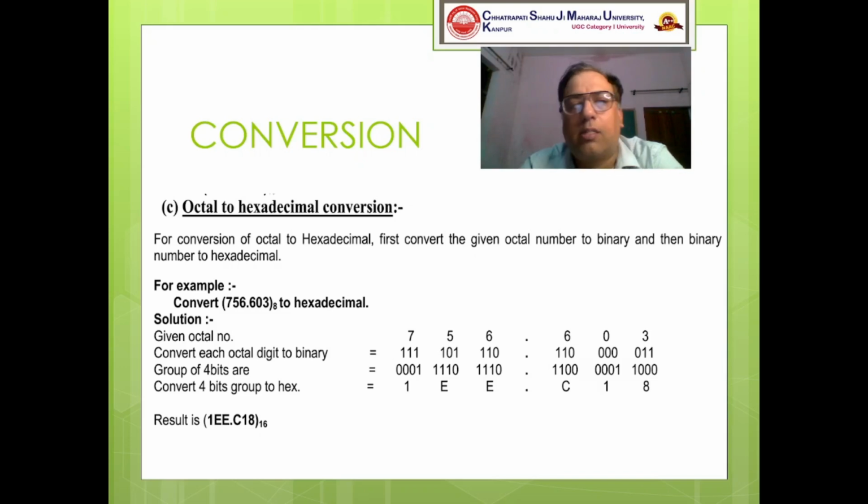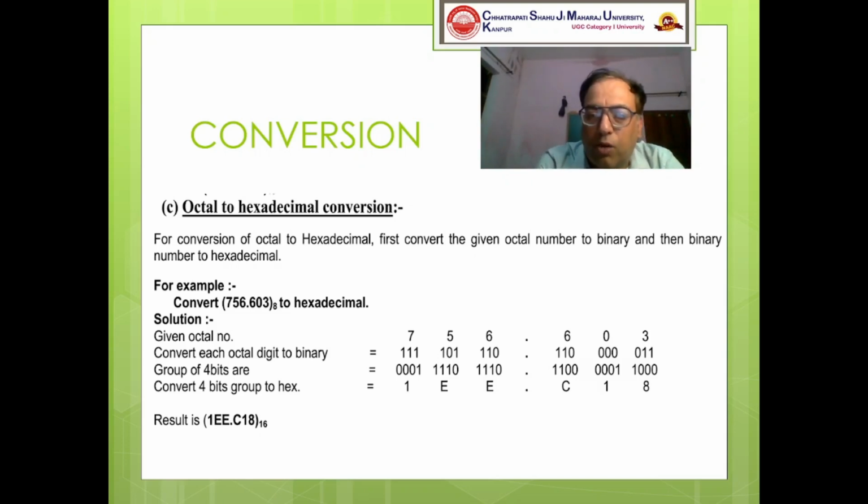For example, 756.603 is first converted to three bits for each octal digit, 111, 101, 110, and so on. Now make it a group of 4 bits.